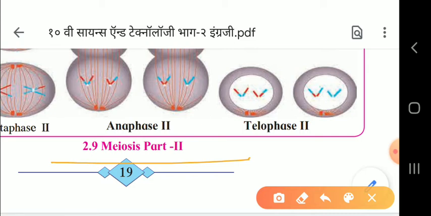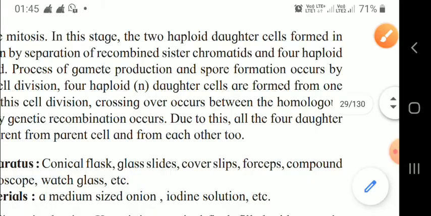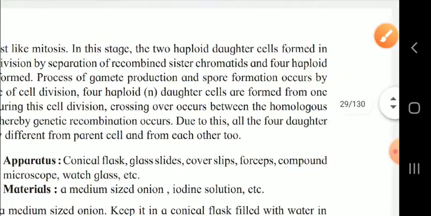In this stage, the haploid daughter cells are formed, and haploid means n. N means number of the chromosomes. Meiosis 2 undergoes division by separation of recombined sister chromatids, and 4 haploid daughter cells are formed. That already you have seen, that in the telophase second stage, 4 daughter cells are formed. So here you can underline this point, children.